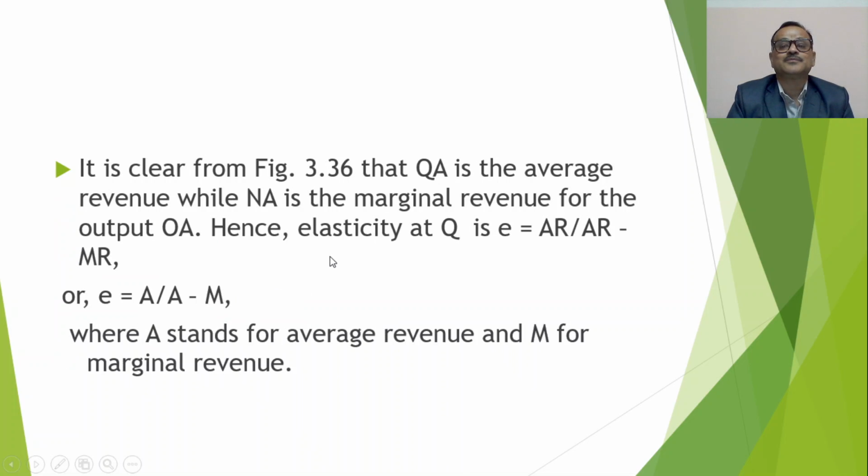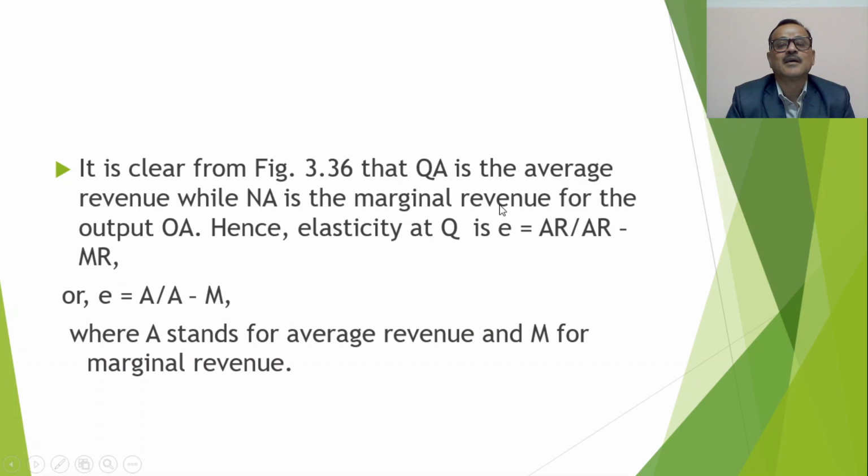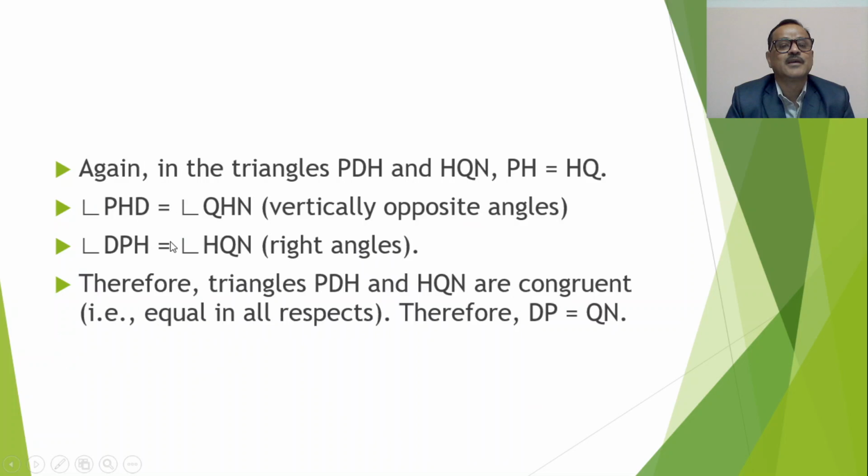Now here, elasticity of demand E, let's suppose it is written here. It is clear from the figure that QA is the average revenue while NA is the marginal revenue for output OA.